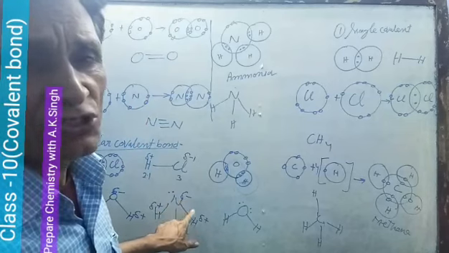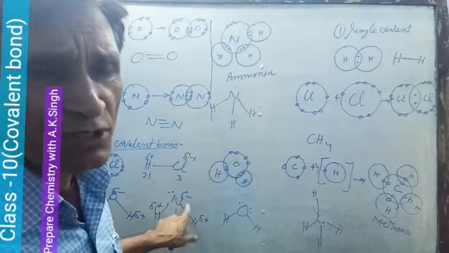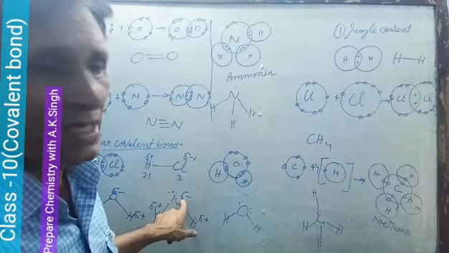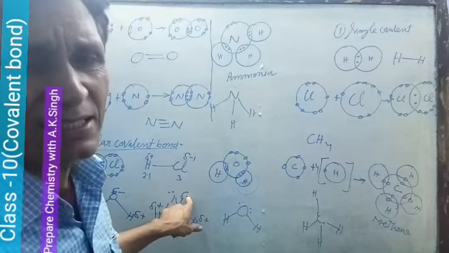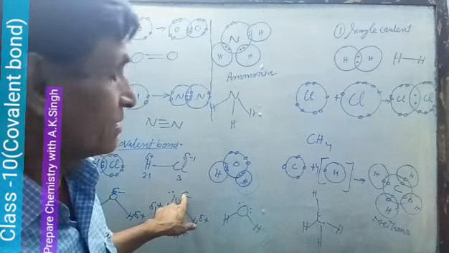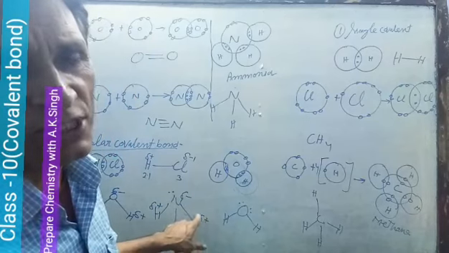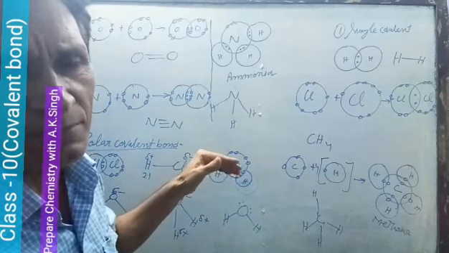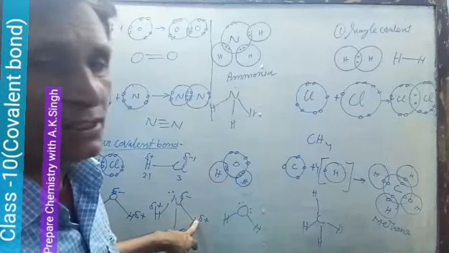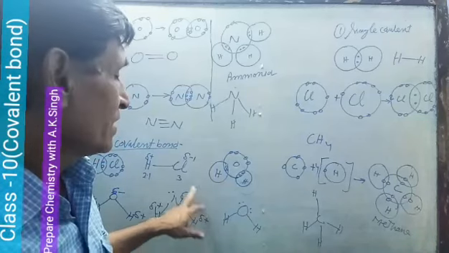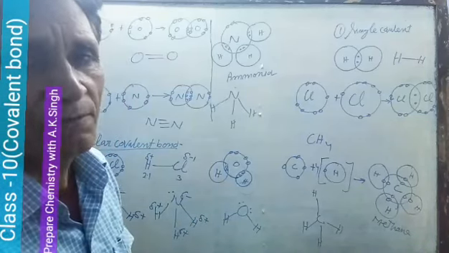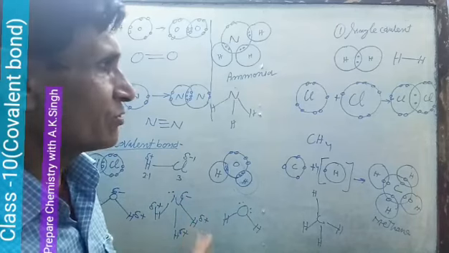As a result, the shared electron pair gets shifted towards the nitrogen, and nitrogen develops a partial, slight negative charge over it, and hydrogen develops a partial positive charge because the shared electron pair is going away from hydrogen. This is why here is a partial positive charge. The ammonia molecule is a polar covalent molecule.